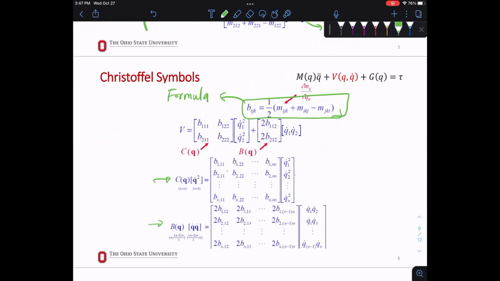This is the square of velocities, and this is the product of velocities. One refers to centripetal force, one refers to Coriolis. So B and C are the coefficients, yes. Together these are your V vector, packaging Coriolis and centripetal terms.